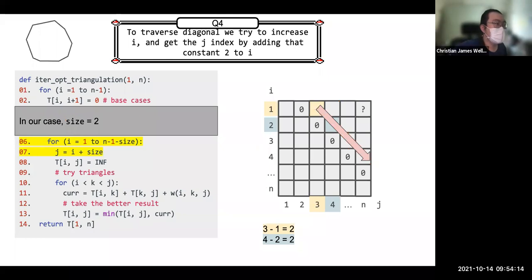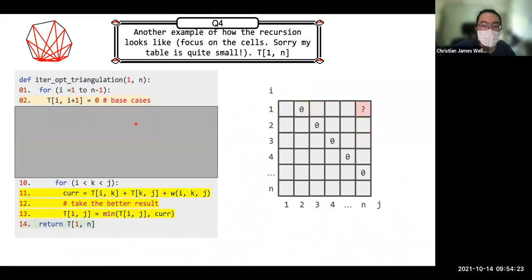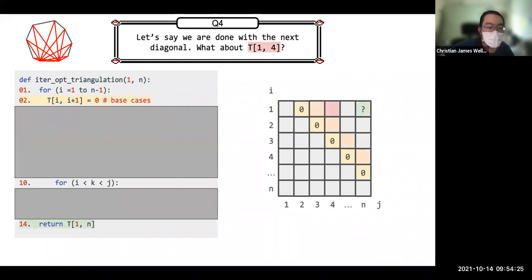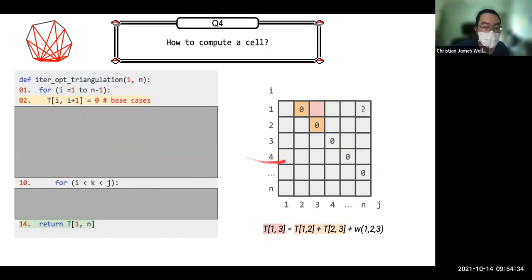Since no one is asking me anything, but no one is giving me thumbs up anyway, let me quickly go through what's going on. Here I want to fill in this portion first, and I'm curious what the recurrence relation is for one cell over here.